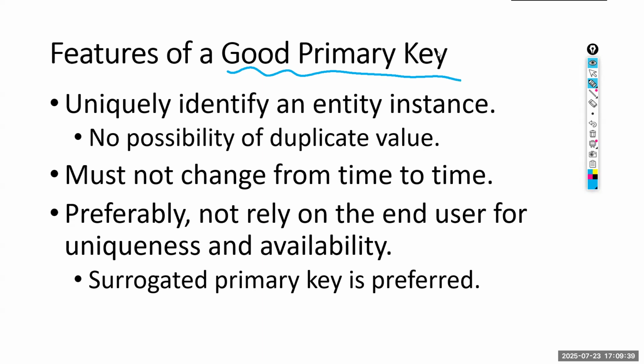So when you decide on your primary key, you need to pick the best one out of the candidate keys. And remember, your primary key must uniquely identify a record and it must be minimal. If one field is enough, don't add another field and say this is my composite primary key. Then it is not minimal. Then it's a super key.